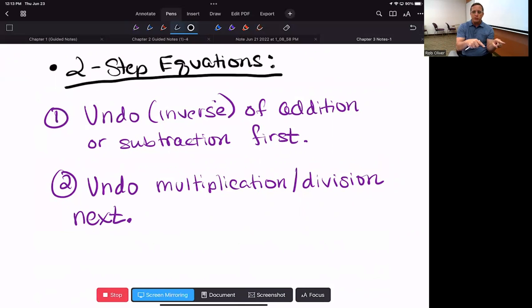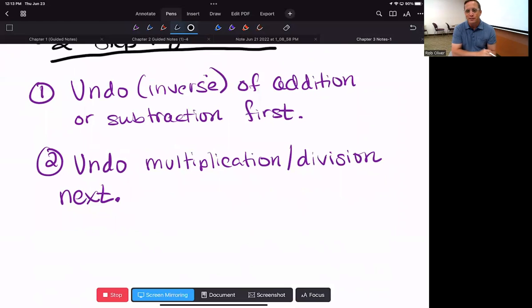But with inverse operations, it's all turned around. Addition and subtraction, you undo that first, and then second, you undo multiplication and division. That goes against some of our best instincts, because it's been ingrained in our brains that we always do multiplication and division first and addition and subtraction last.